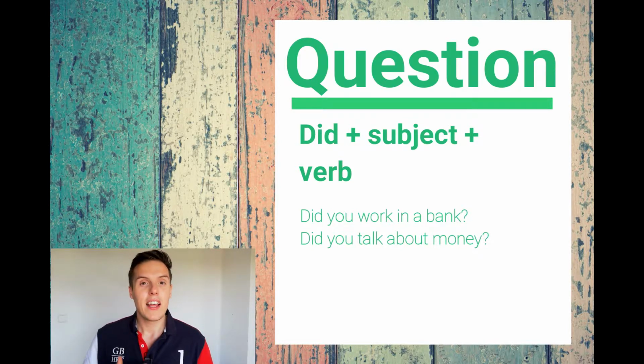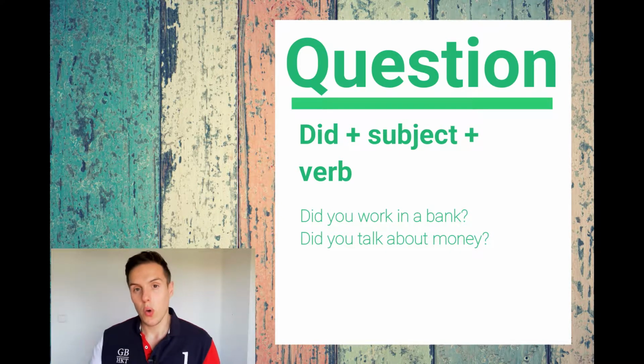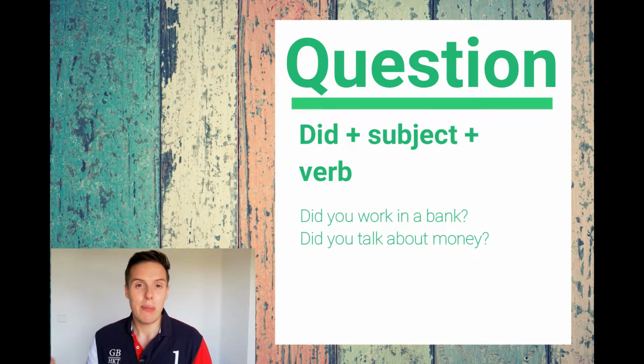For example, did you work in a bank? Did you talk about money? Not, did you worked in a bank? Or did you talked about money? So make sure that you use the verb in the present tense if it's a question and you're using did.